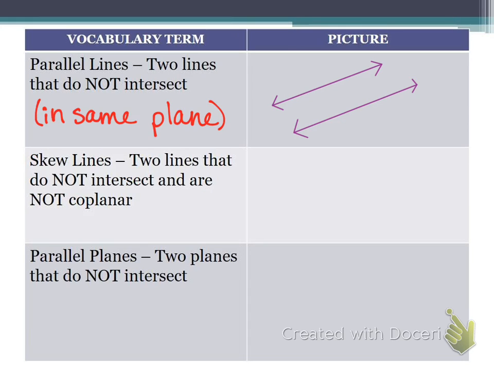However, we can't just assume that they will not touch each other. So in a diagram, you will often see these little triangles on them. If the lines each have one triangle, it means that they are parallel to each other.